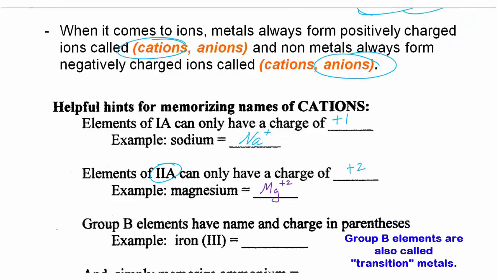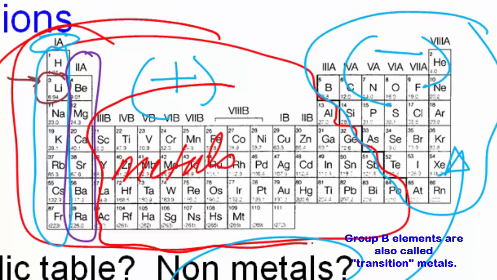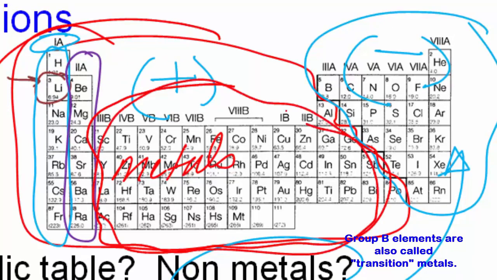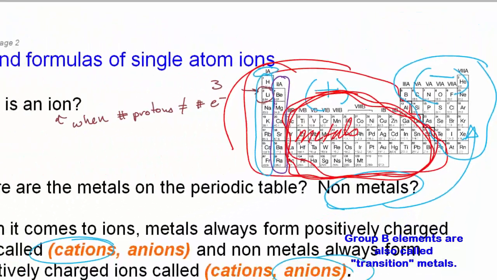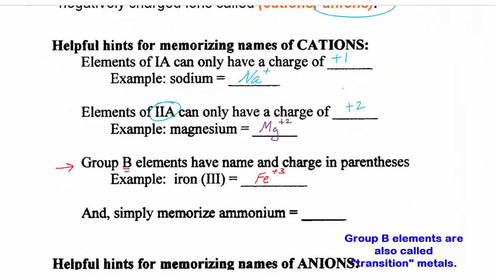Group B elements have the name and charge in parentheses to write their ions. For example, iron(III). That would be iron with a +3 charge. So all these group B elements, here's group B, all form cations, and you just write the element name followed by the positive charge in Roman numerals.